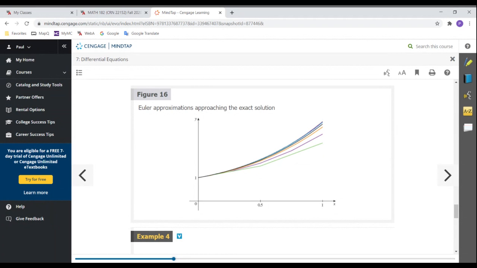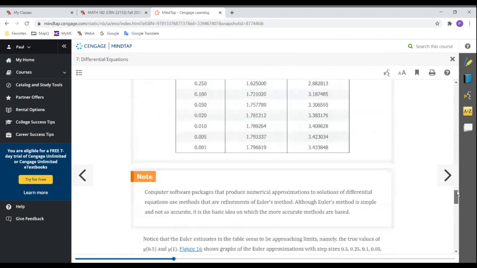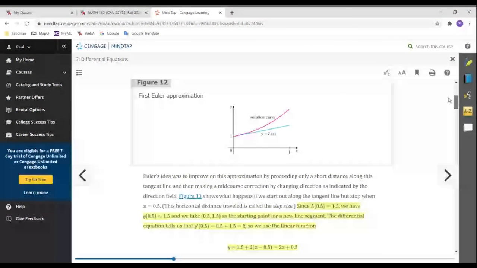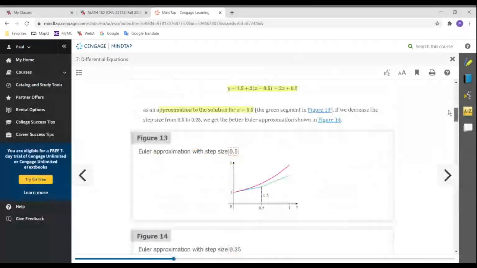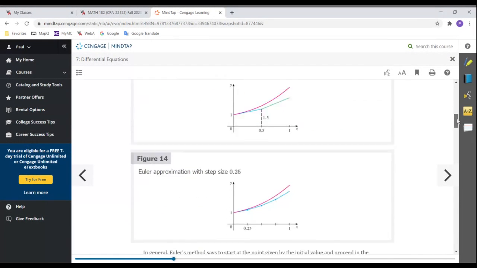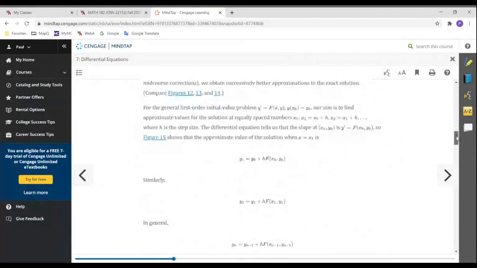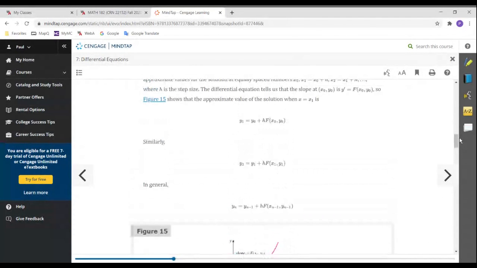So even though we don't know the explicit solution to this differential equation, we can still find approximate solutions. And this is what Euler's method is about. We stepped out twice along the slope field using the example in the book, and there's a general formula.